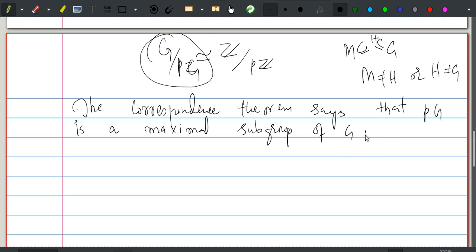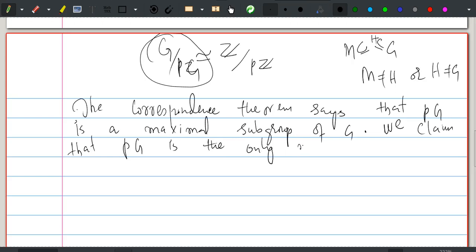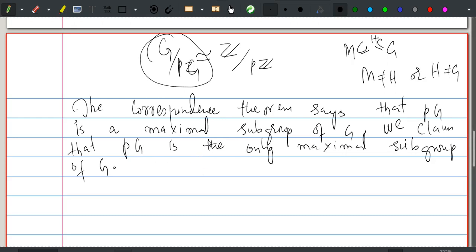So we claim that pG is the only maximal subgroup of G. This is our claim. Suppose not, I mean there is some other maximal subgroup of G other than this pG.